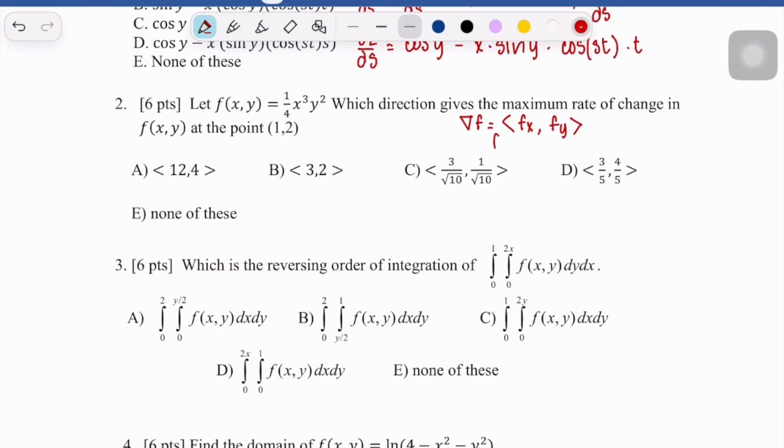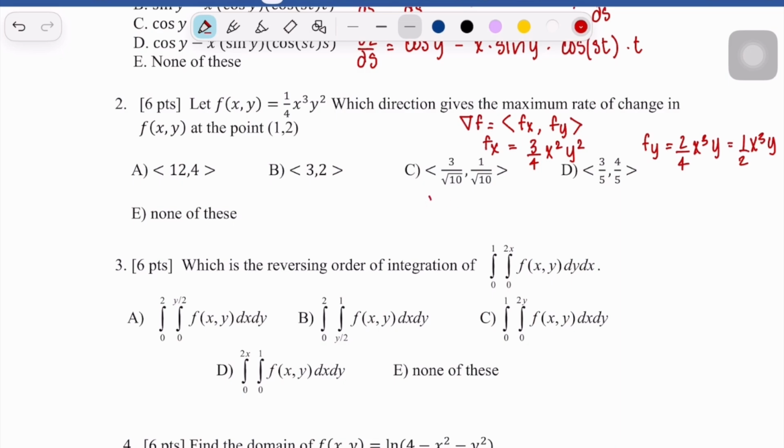So we find the partial derivative with respect to x first, and that's going to be 3 over 4 x squared times y squared, and then we find it for y, that's going to be 2 over 4 x cubed times y, which is just 1/2 x cubed times y.